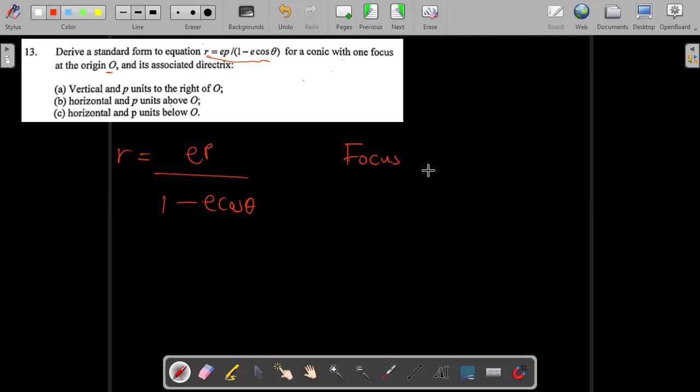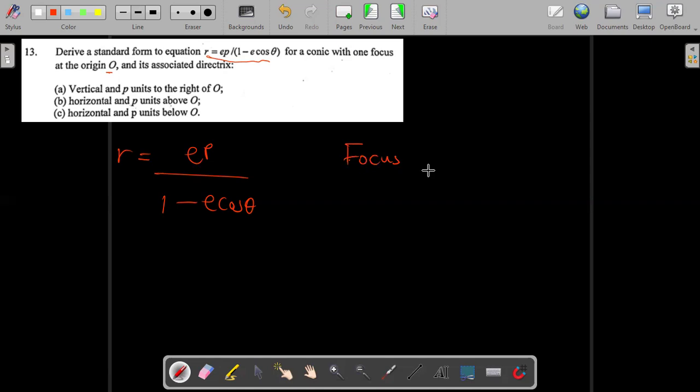So we know that this can give us different conic sections. It can be an ellipse, which has foci because it has two. Then we have the hyperbola, which also has two. And a parabola has one.